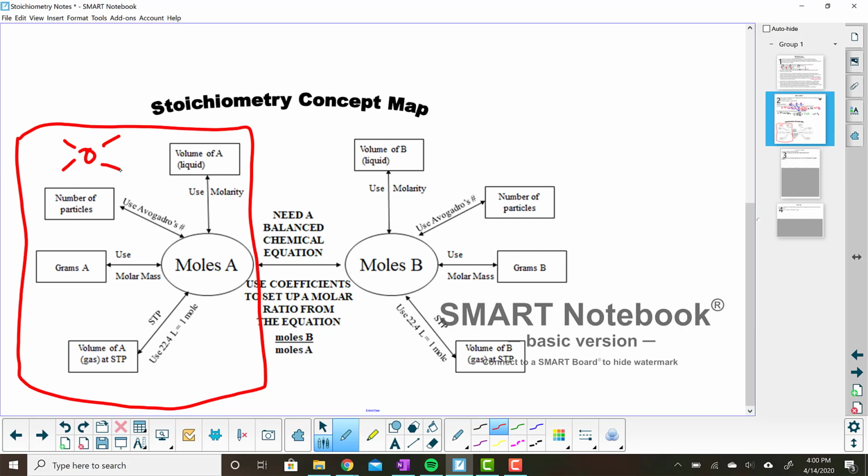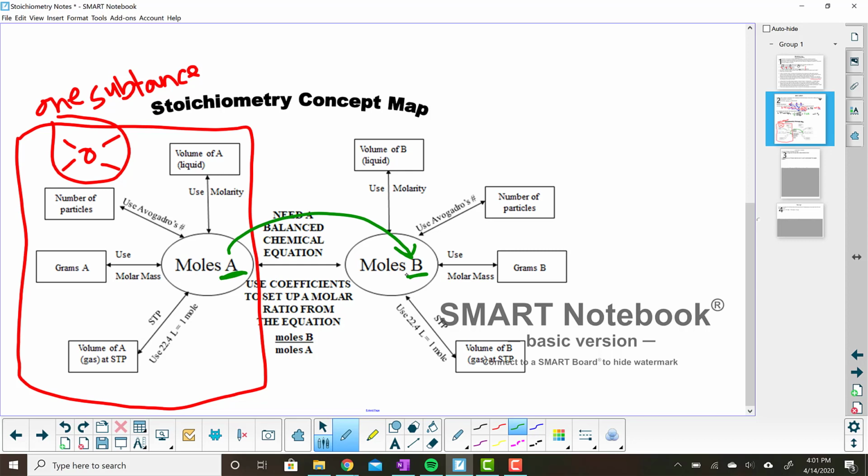But I've just upped our game because the front side is only dealing with one substance. So only one thing, like moles of A. Maybe A is water. So I can only convert using water molecules. But with stoichiometry, I can get from one substance into another substance.